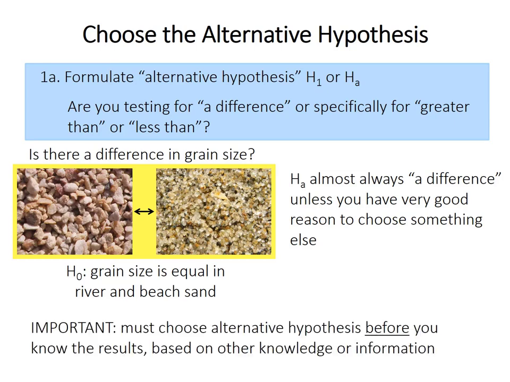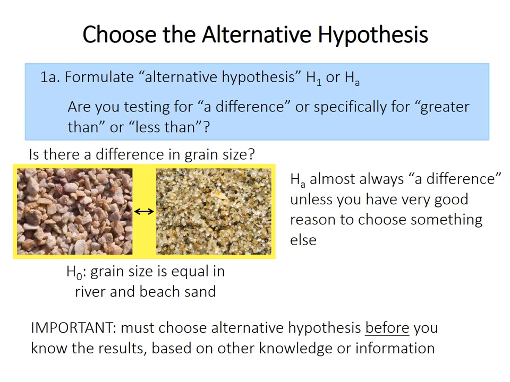You can't choose your alternative hypothesis based on the data. Just because you look at your measurements and see that river sand is bigger, that doesn't mean that you can choose the alternative hypothesis that river sand is bigger. From the photo, it's fairly clear that's the case, but your alternative hypothesis must be based on prior expectation, independent of the data. You have to choose it without even knowing what your data is, basically.